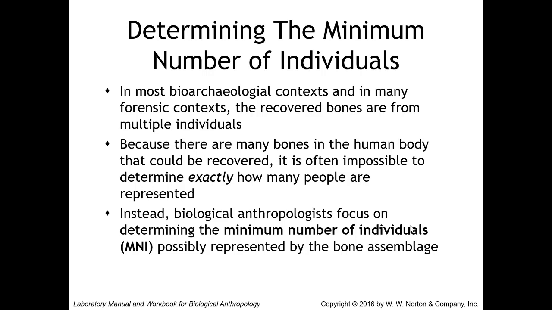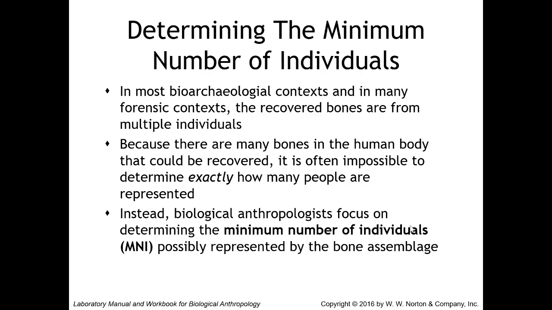Instead, biological anthropologists will focus on determining what we call the minimum number of individuals, or the MNI. And this is the minimum possibly represented by the bone assemblage. So this gets us closer to the number of individuals without overestimating the number.